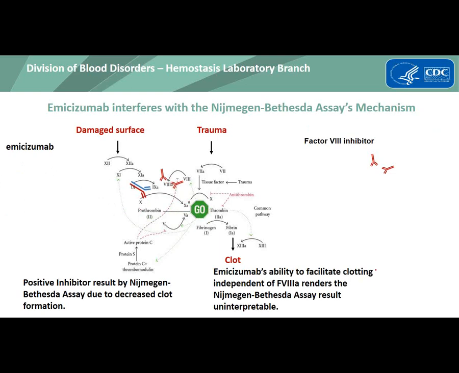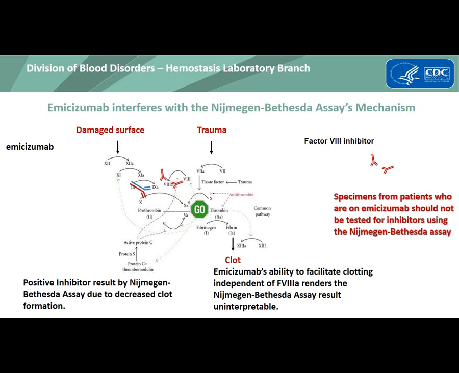Emicizumab's ability to facilitate clotting independent of factor VIIIa renders the Nijmegen-Bethesda assay uninterpretable, because you can get factor 10a generation even when factor VIII is inhibited. For that reason, specimens from patients who are on emicizumab should not be tested for inhibitors using the Nijmegen-Bethesda assay.